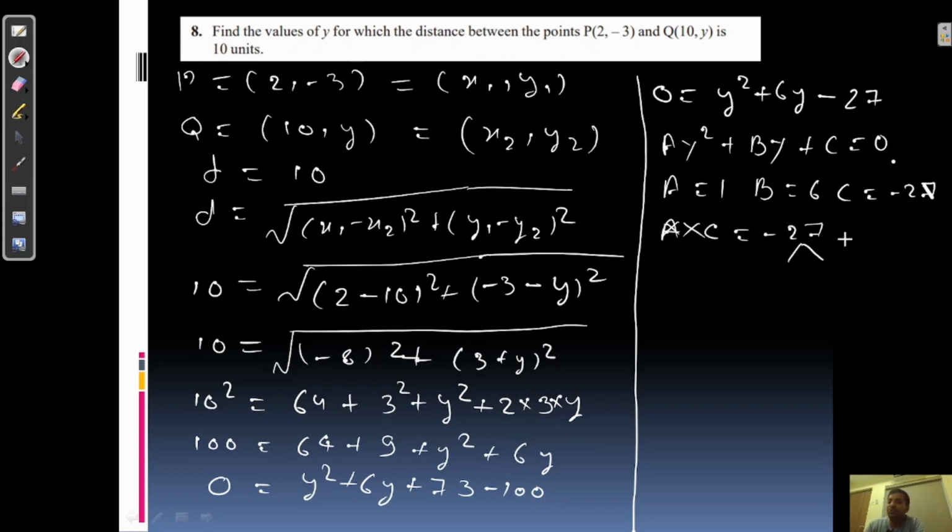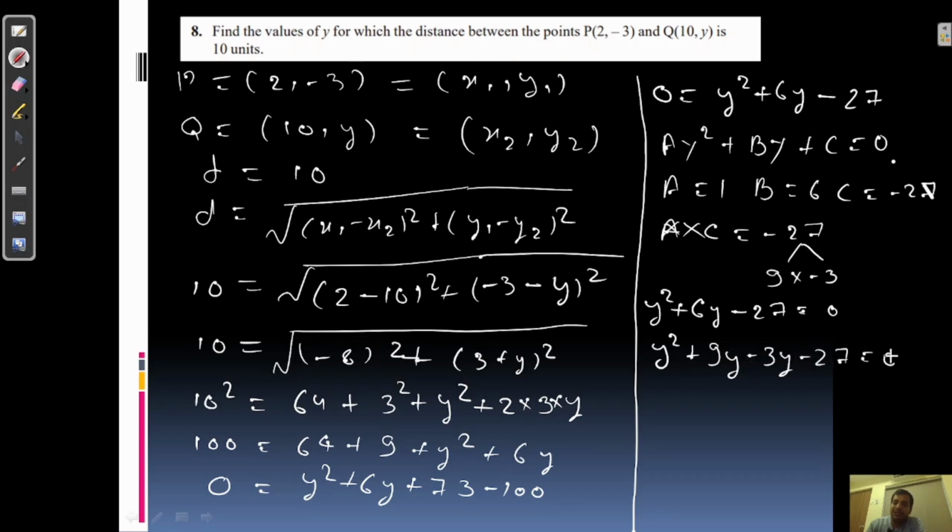I need two numbers whose product should be -27 and sum should be 6. So it is 9 into -3. Okay, let us write our quadratic equation one more time. Y square plus, in place of 6 I am writing 9y minus 3y minus 27 is equal to 0.